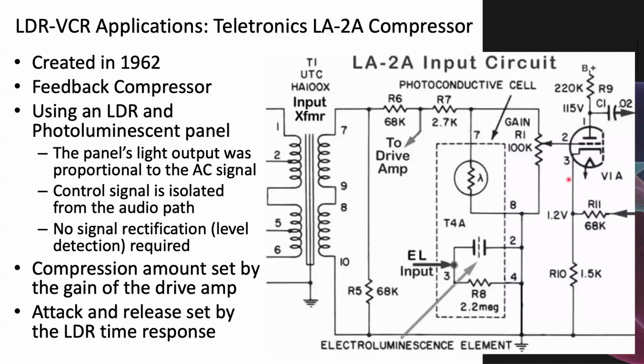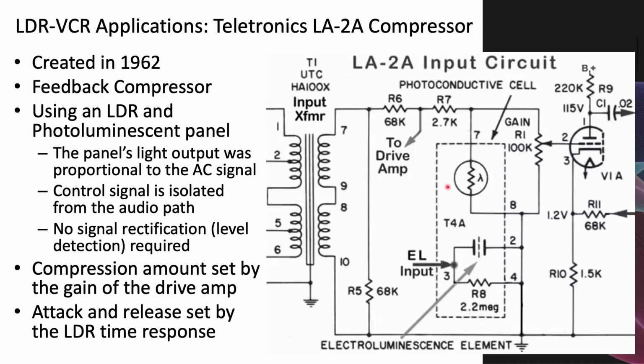When you look at it in detail, you'll find that the actual signal that gets fed to the amplifier is a function of the gain, the light dependent resistor. So it's actually a feedback resistor.